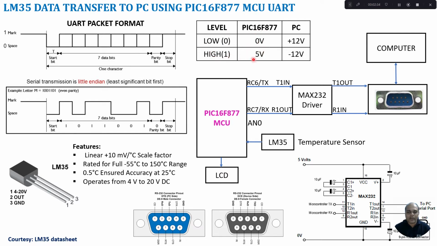Whereas in case of a PC, logic 0 is treated as plus 12 volt and logic 1 is treated as minus 12 volt. So the voltage levels differ between a microcontroller and a PC. There is a requirement of voltage doubling and also a requirement of voltage inverting.